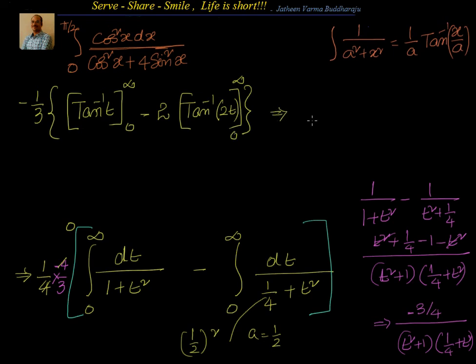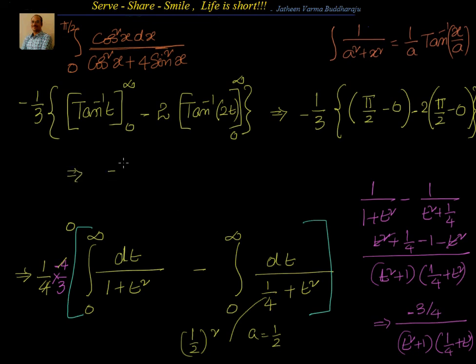So that is equal to minus 1 by 3 into, I have tan inverse infinity, which is pi by 2, I know that, minus tan inverse 0, which is 0, minus of 2 into tan inverse infinity again, which is pi by 2, minus again 0.